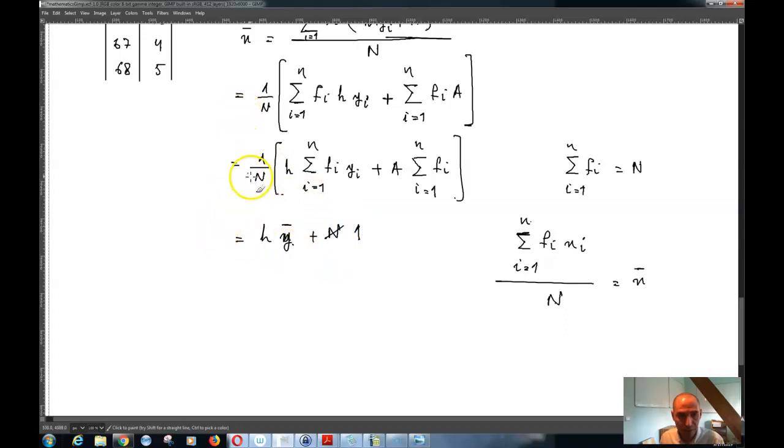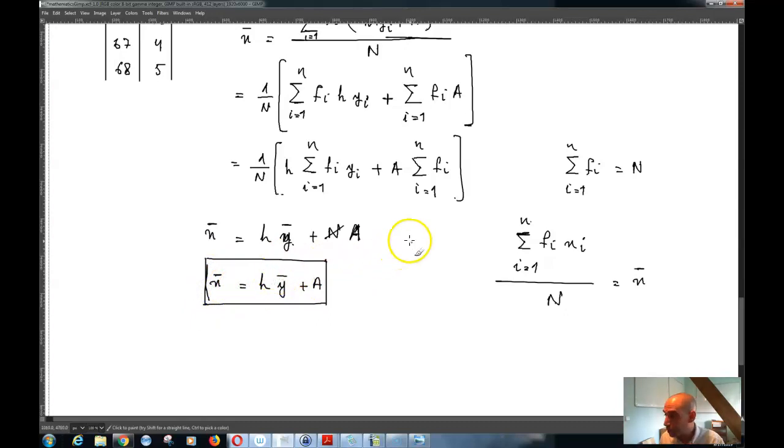And of course I have a over here, so a is multiplied here, so x bar is equal to h times y bar plus a. So that is the relationship between x bar and y bar.